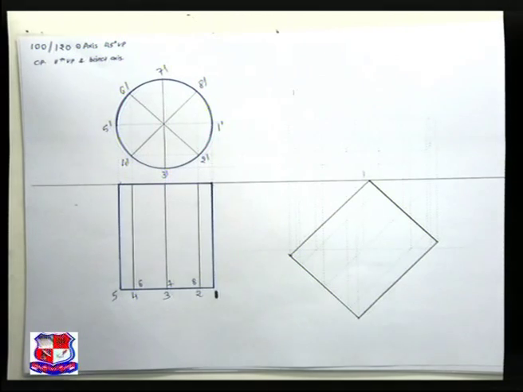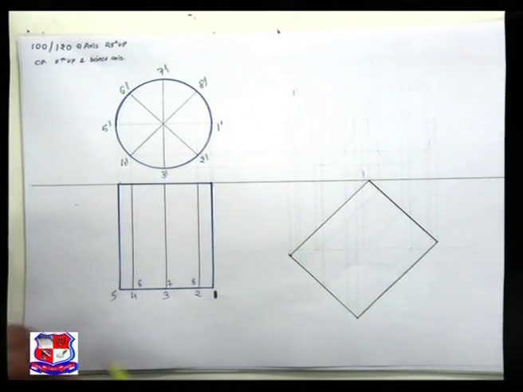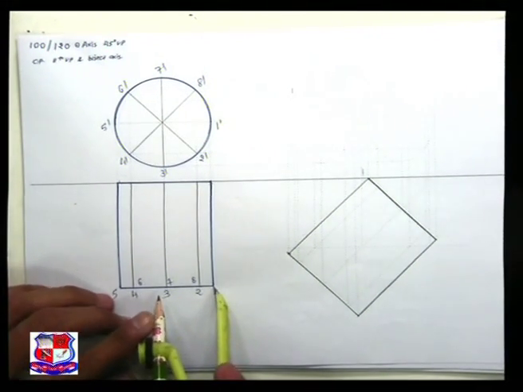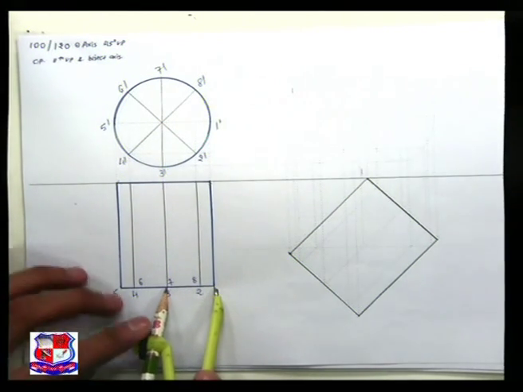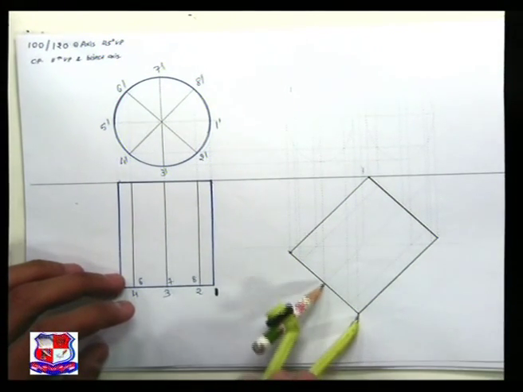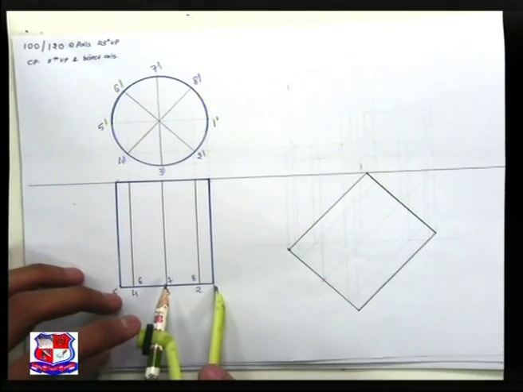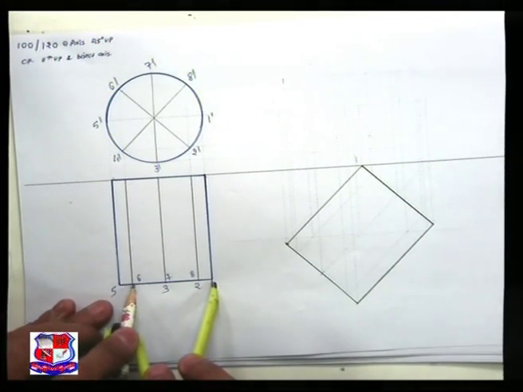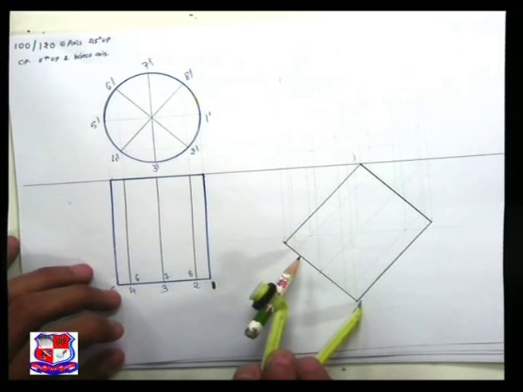Now transfer all these points 1, 2, 3, 4, 5, 6, 7 and 8 on this axis from here. Measure this distance, put it over here, cut it over here. 1, 2, 3, 4 would be here, so draw an arc like this.